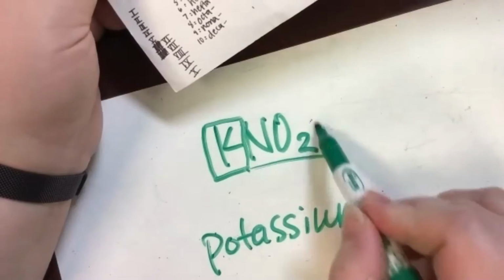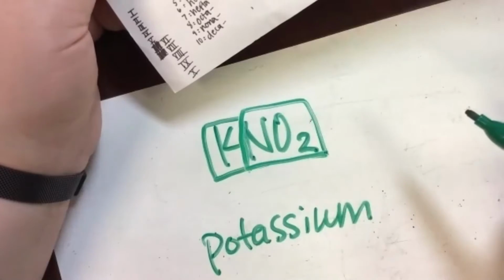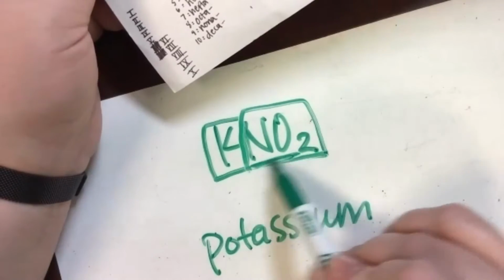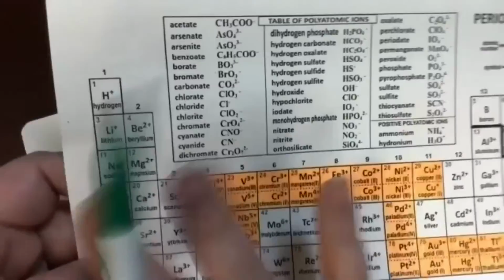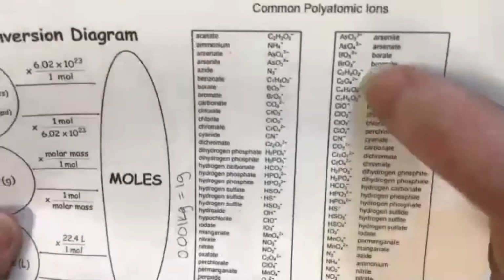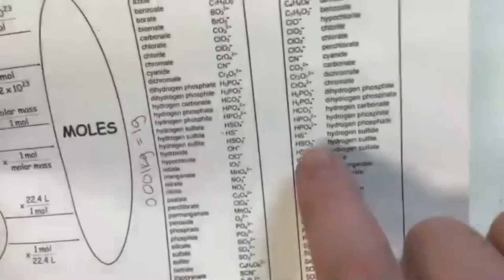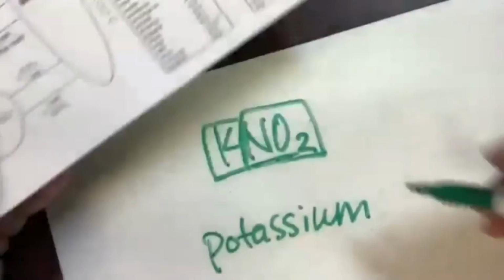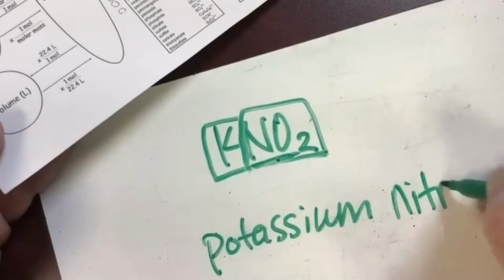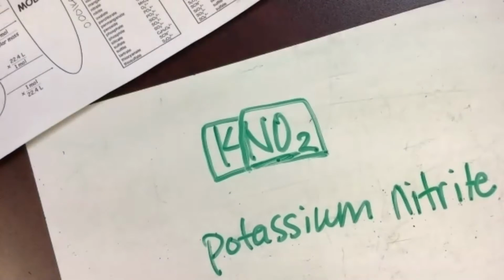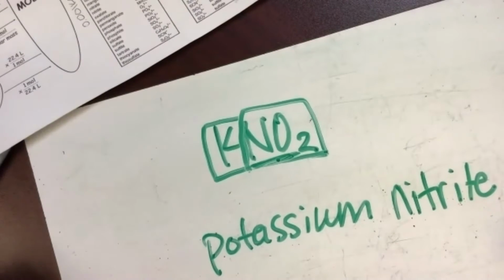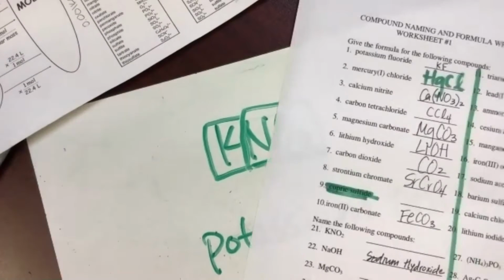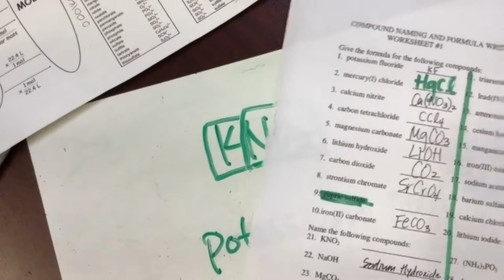NO2, I know that's polyatomic because I have 2 capital letters, which means 2 different elements, so it's not going to be up here. It's going to be back here. On this list on the right side, these are alphabetized by formula. We're looking for NO2. There it is, nitrite. That's the answer, potassium nitrite.